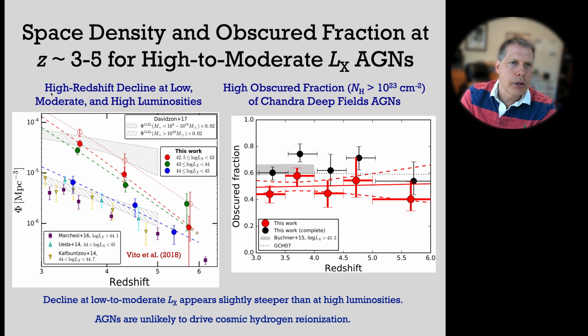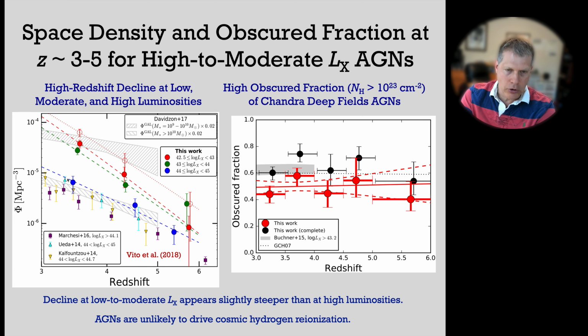Here is a compilation of measurements, in this case, showing the space density and the obscuration fraction over here at redshifts of 3 to 5 for high to moderate X-ray luminosity AGNs. So in this panel, this again shows the space density per cubic megaparsec versus redshifts, going out from redshift 3 to 4 to 5 to even 6. And in this work, you can see there are 3 different luminosity classes being shown: high luminosity X-ray AGNs, moderate luminosity X-ray AGNs, and low luminosity X-ray AGNs.